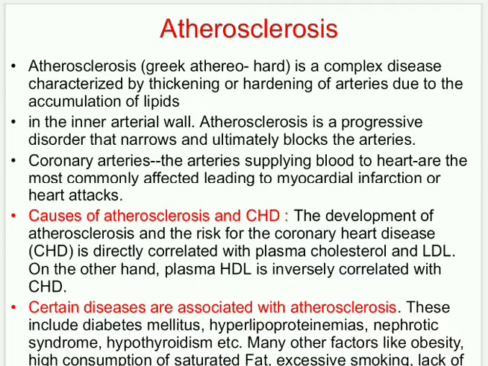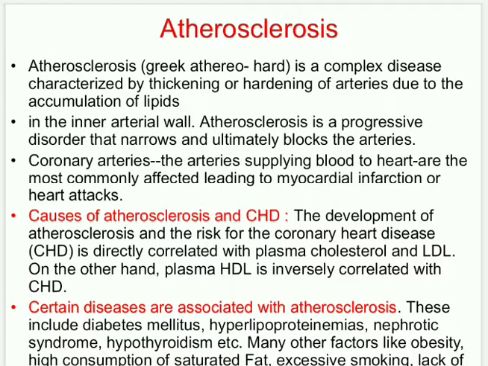So the next disorder is atherosclerosis. This disorder is associated with hypercholesterolemia. Hypercholesterolemia is associated with atherosclerosis due to the deposition of cholesterol in the wall of the artery. The artery becomes thickened and narrowed.